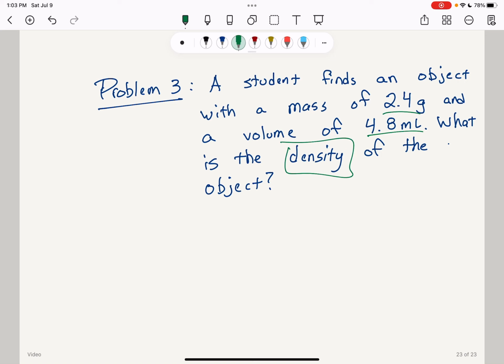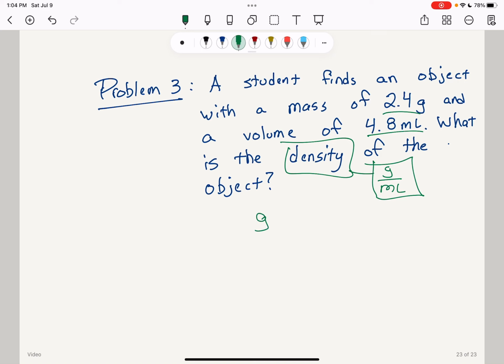In this case, the density has units of mass over volume, which is grams per milliliter. It could be kilograms per cubic centimeter or cubic meter or something like that, as long as it's a mass and volume unit. But in this case, it is what I would call not a unit cancellation problem. This is a unit creation problem because I want to create those units, which tells me exactly what to do.